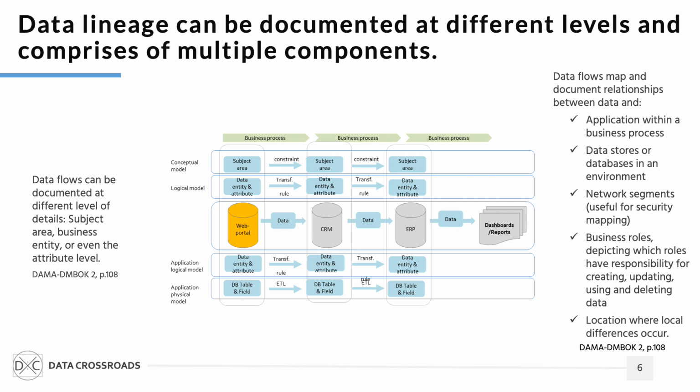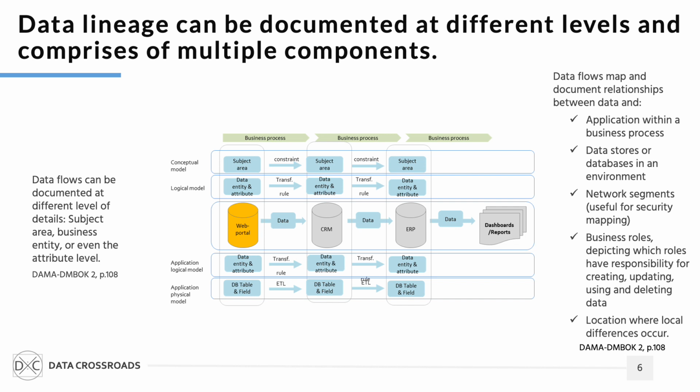In other words, you link a subject area or business term with the corresponding data entity and data attribute, and then you link data entity and attribute with tables and columns correspondingly. The same linking is required for restriction rules, transformation rules, and ETLs. Now you can see how complex the concept of data lineage turns out to be.